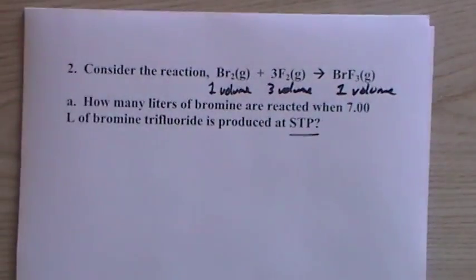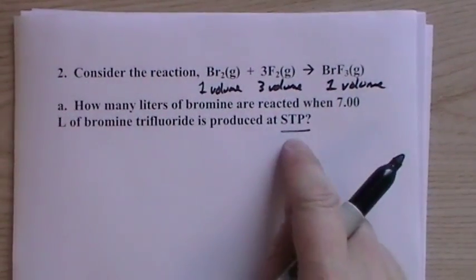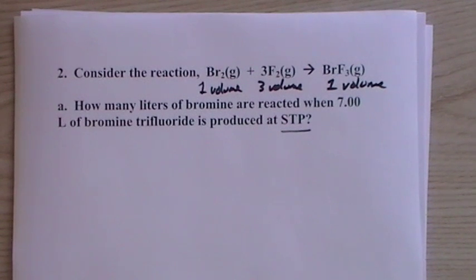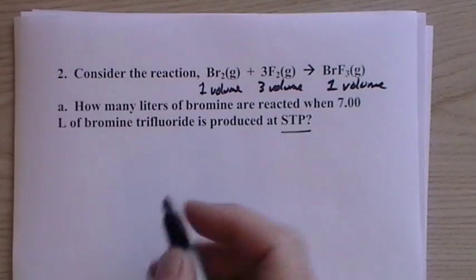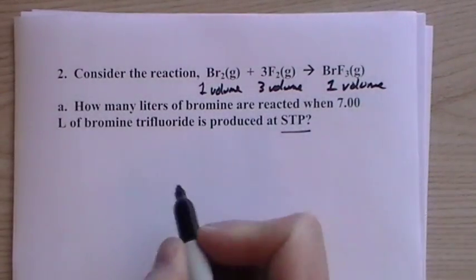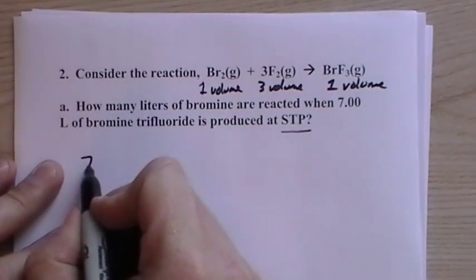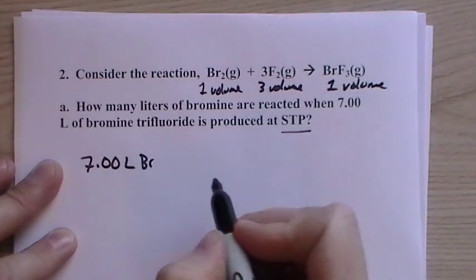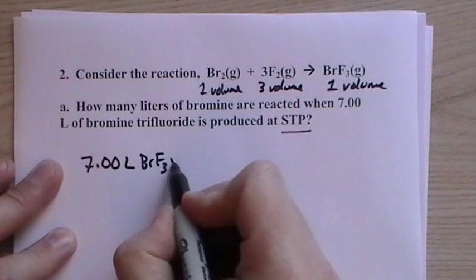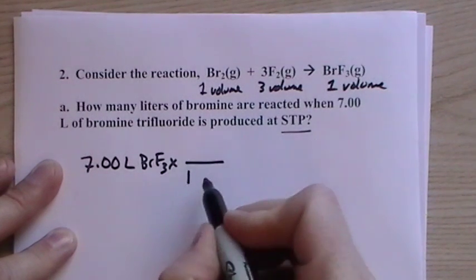So we can certainly use STP and the volume to determine the number of moles and then convert to moles and then back to volume. But since they're gases, we have that nice little thing going for us. We have 7 liters of bromine trifluoride.